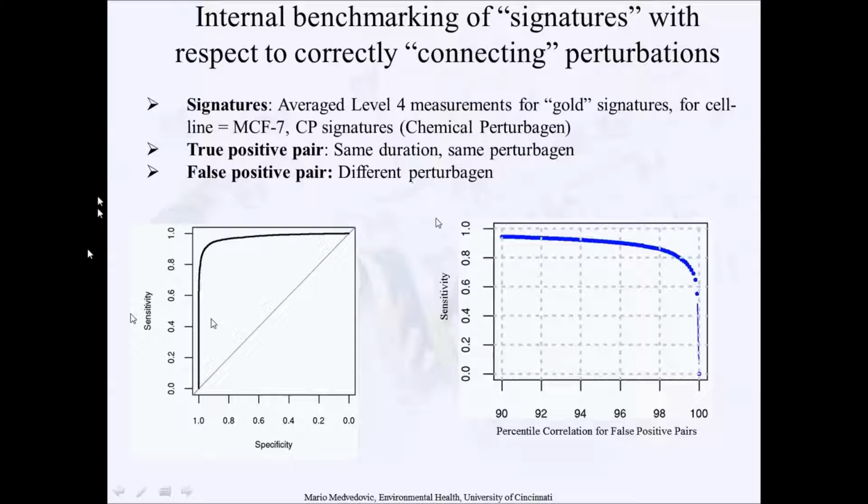You could do this many different ways. You could first identify the most upregulated genes and most downregulated genes and do some kind of connectivity score, which was used, for example, in the Connectivity Map, and is still used by the Broad Institute to connect them.